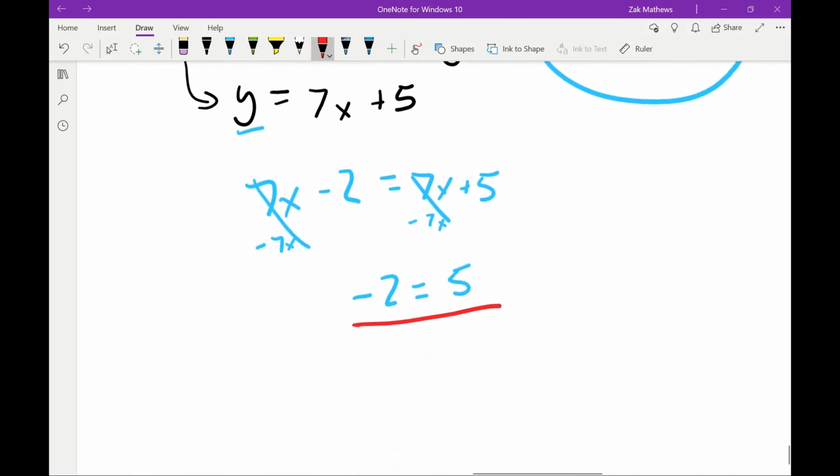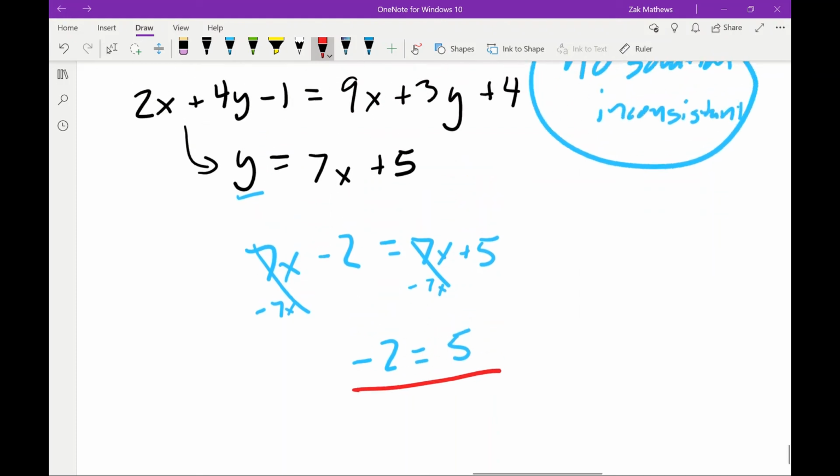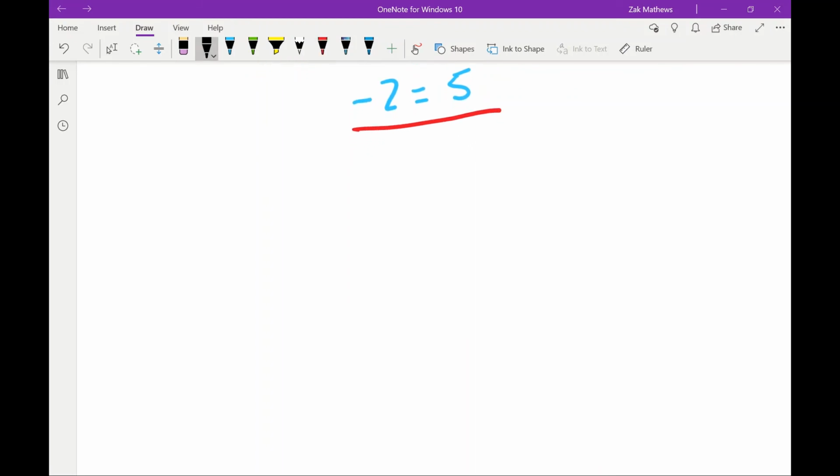But here there are no variables to multiply by, so this was just never going to be a true statement. Does that mean anytime the variables drop out that the solution set is going to be no real solutions or an inconsistent solution set? Not necessarily, so let's take another example.